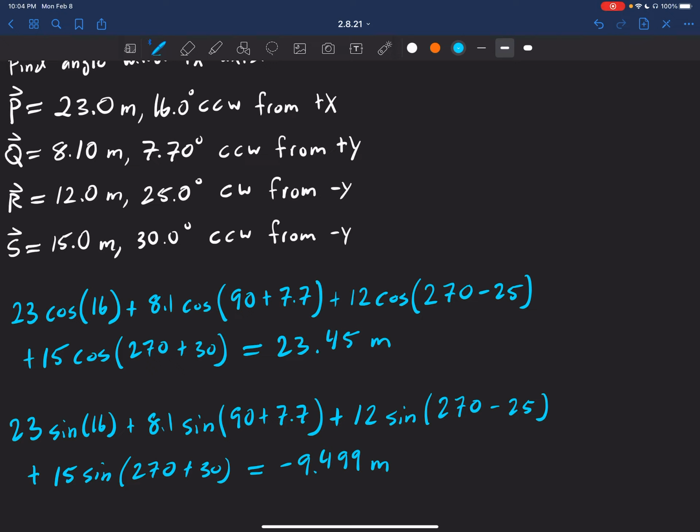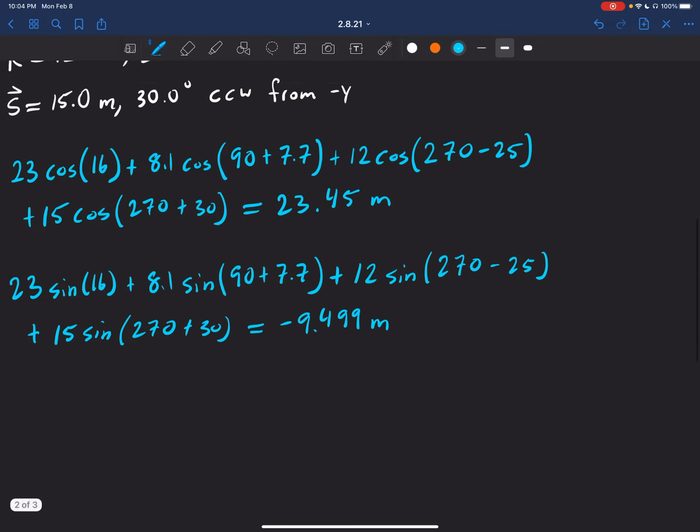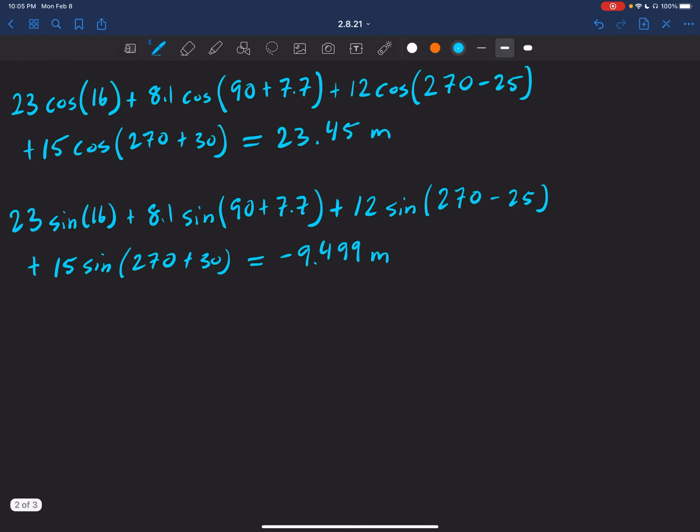Now we need to find the magnitude. The magnitude is going to be pretty straightforward. I'll just write, magnitude is going to be equal to the square root of the sum of the squares of the components. Our x component is right here, y component is right here.